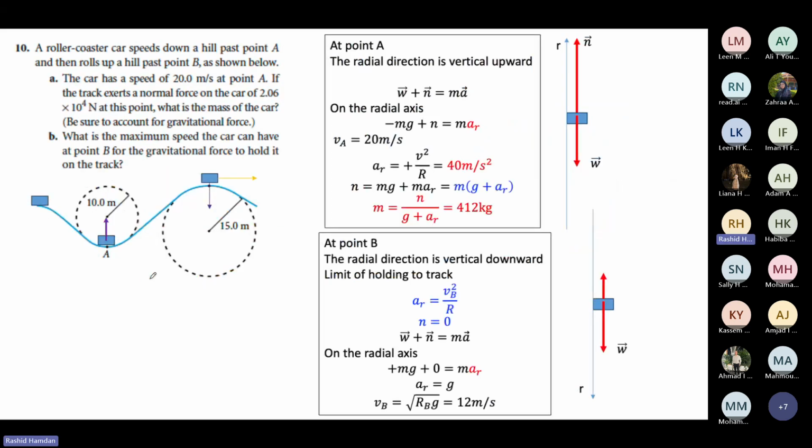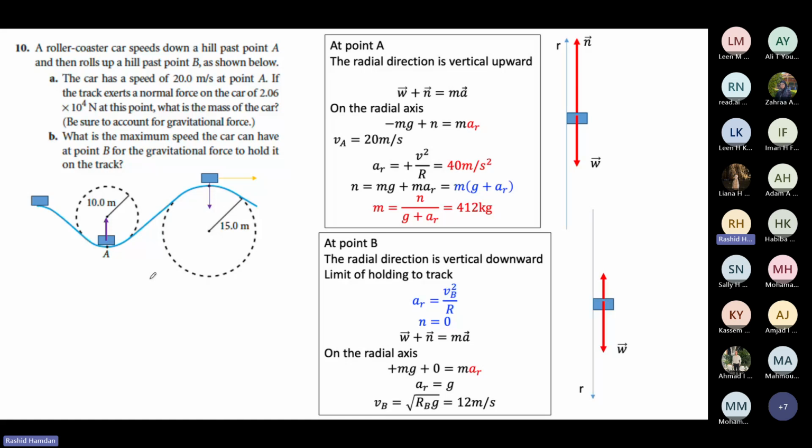Okay, another question which is not from the book, but it's also interesting. A roller coaster car speeds down a hill past point A and then rolls up a hill past point B as shown below.